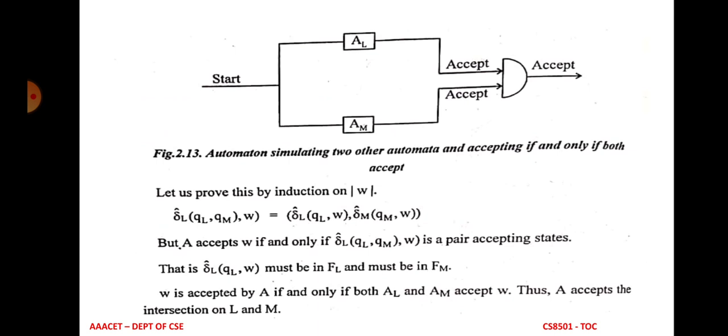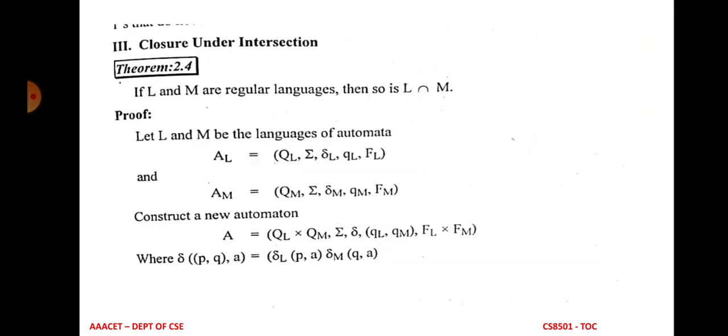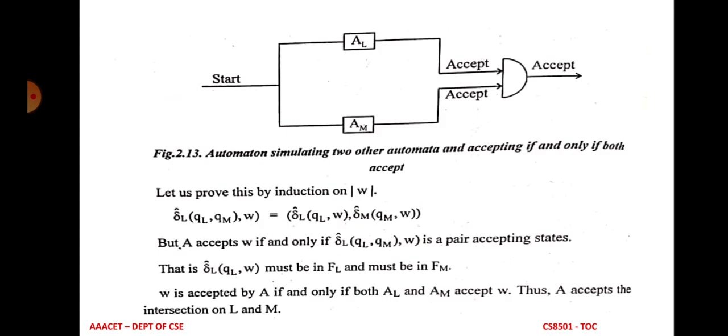Here AL and AM are two different automata, and the final one is capital A. If both finite automata accept a string, then only the final automata capital A accepts the given string.